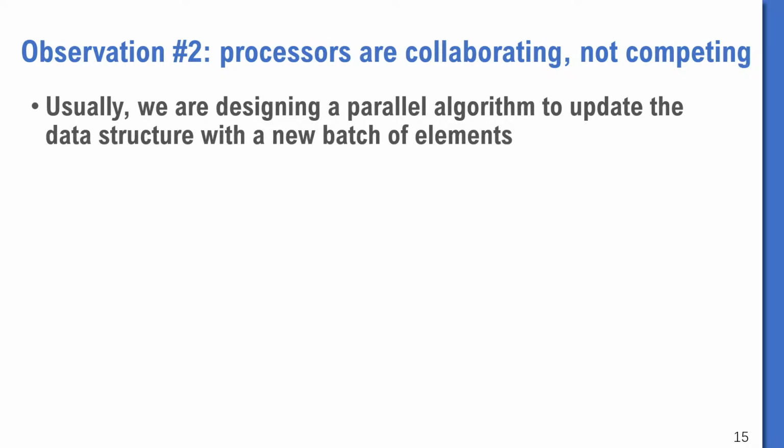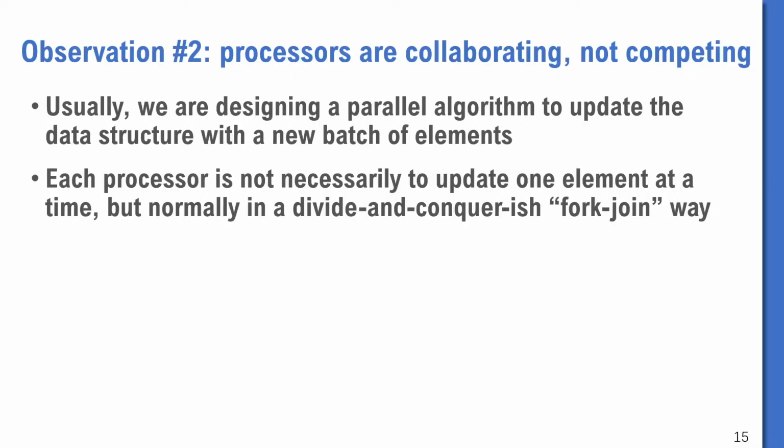Not every processor is working on one insertion or one deletion at a time. You want to design a parallel algorithm that applies these batch updates all at the same time, mostly in a divide and conquer way, but you can do it in an iterative way or another way as you like.